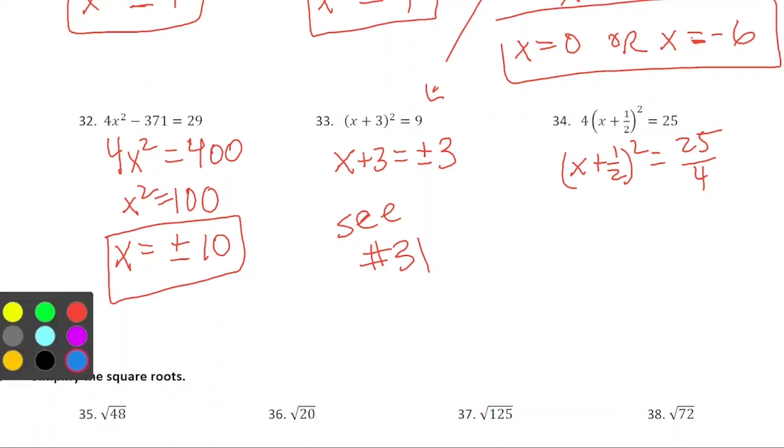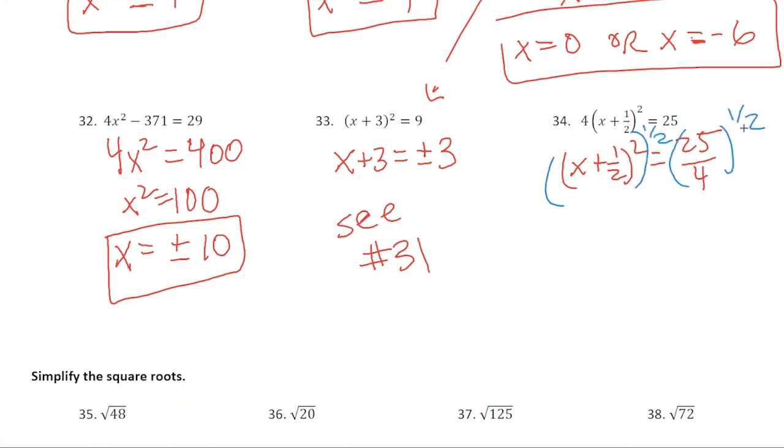So we get x plus 1/2 equals plus or minus 5 over 2. And then I'm going to subtract 1/2. So I get x equals negative 1/2 plus or minus 5/2, and we'll have our two solutions.